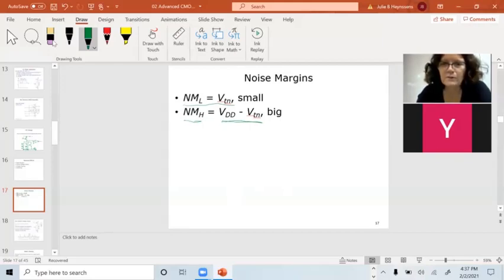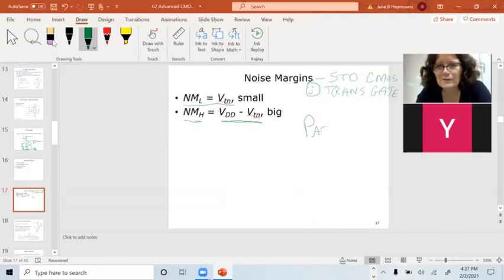So if I want good noise margins, I use standard CMOS. Or I use transmission gate, the other cousin of pass transistor. Those have a big smiley face.